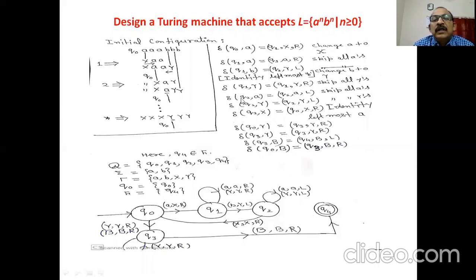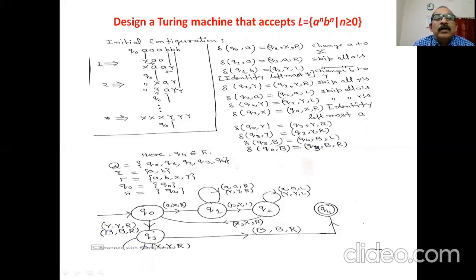Okay. Now skip all A's. And how will we do it? Machine in state Q2, if it reads A, replaces this A by A, remains in the same state and moves in the left direction.